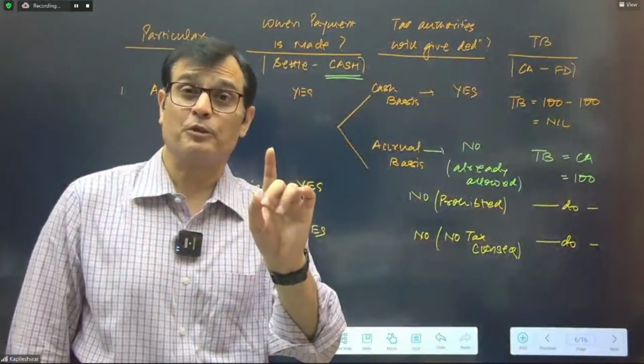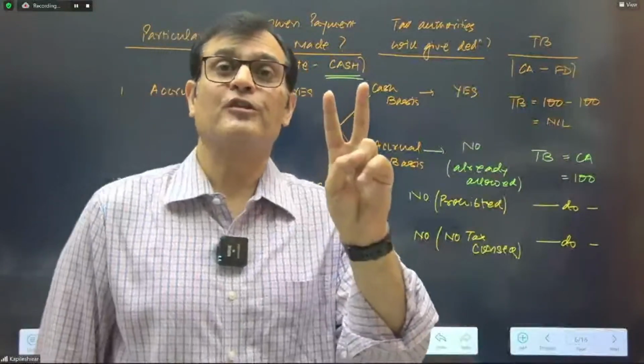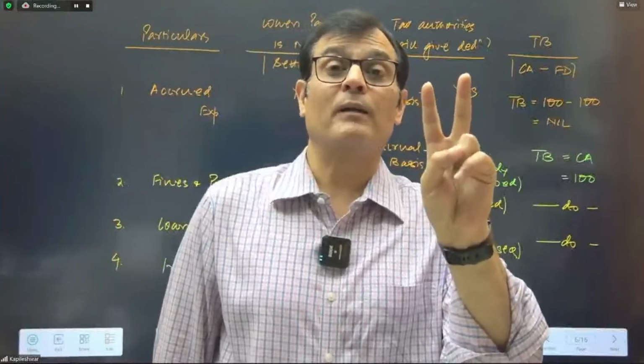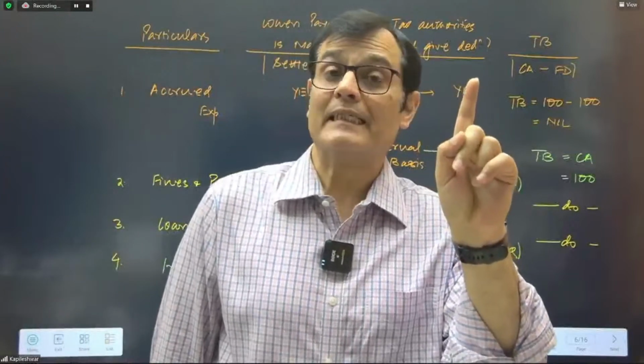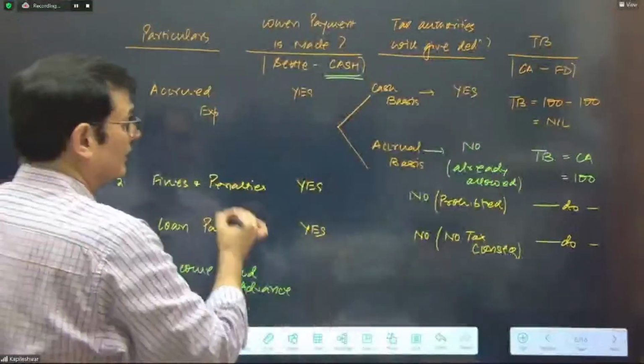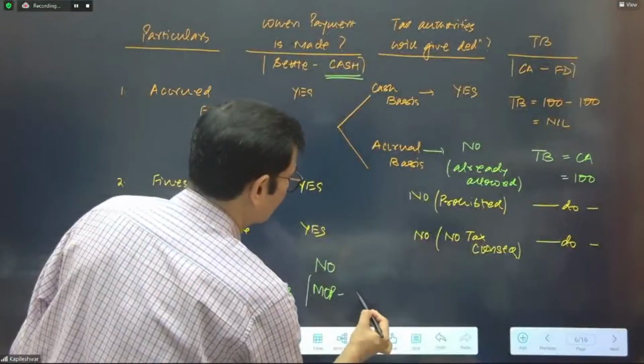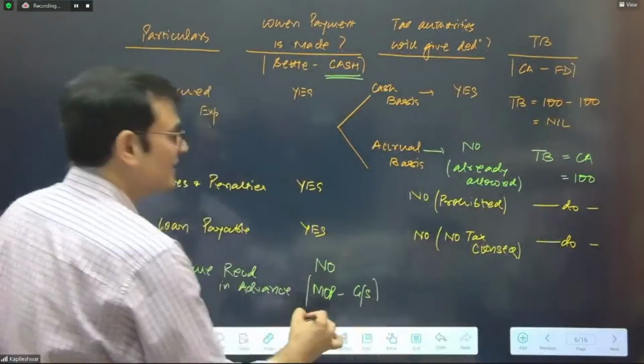That's the first question you need to put across, because there are two definitions. You need to first zero in on whether you are going to apply the definition of settlement in cash or settlement by way of goods and service. No, the mode of settlement is by way of goods and service.